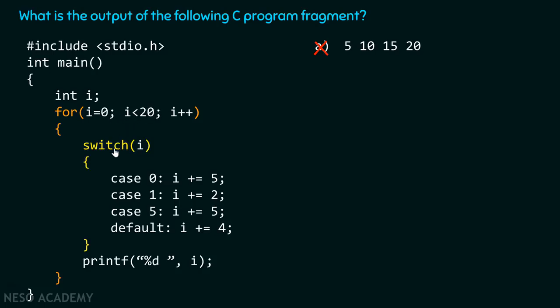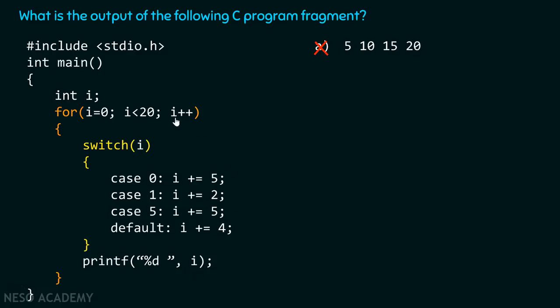We come inside this for loop, and here we are checking 0 with all the other cases. As 0 is matched with case 0, therefore I is incremented by 5. Now as value of I is 0, therefore 0 plus 5 is 5 only. And after that, we simply come out of this switch construct and simply print the value of 5 on the screen. After printing value 5, we simply increment the value of I by 1.